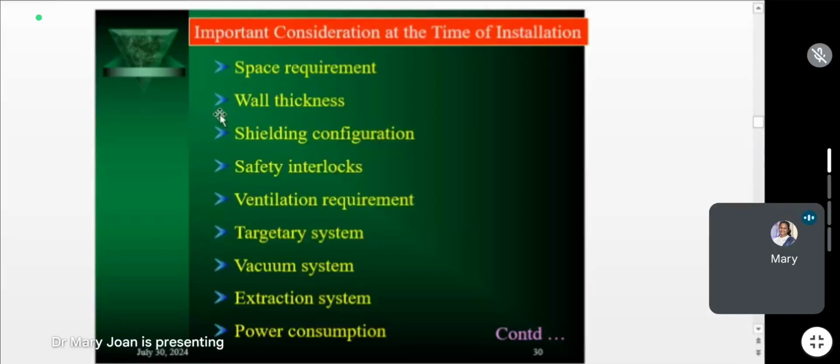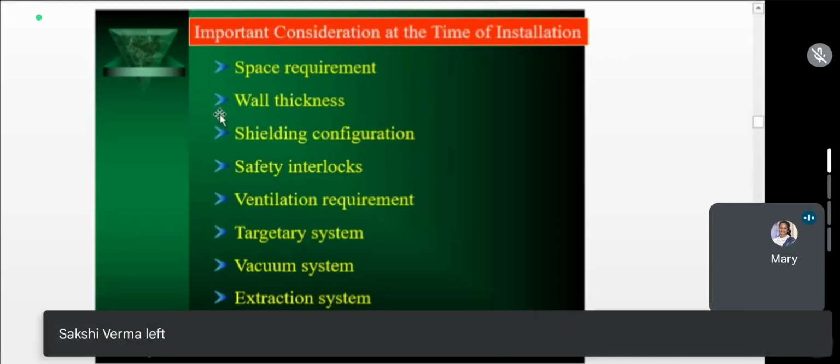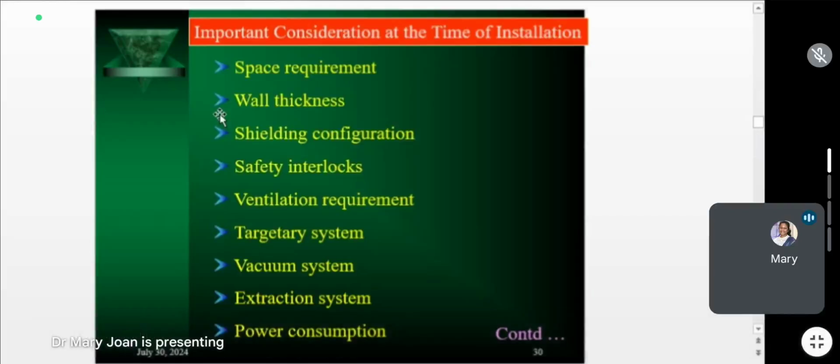Important considerations at the time of installation are space requirement and wall thickness. These positron emission isotopes have gamma radiations of 511 keV. Positrons are nothing but electrons with positive charge. They recombine with electrons and produce these 511 keV photons.